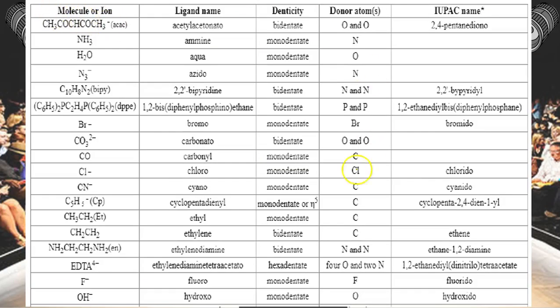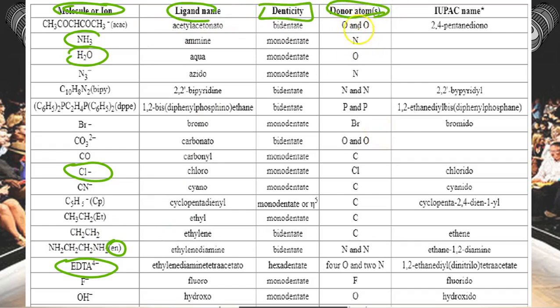This is the table that's going to be given to you in your exam. It's also for your practice exam. It has the molecular ion here. As you can see, it has our NH3, our water. It has chlorine, which we see a lot. It has EDTA. It also has ethylenediamine, which is our en. You see a lot of common ligands. It also has the ligand names and the denticity, so is it monodentate, bidentate, polydentate, etc. It also shows you the donor atoms, the actual atoms that are making that coordinate covalent bond.